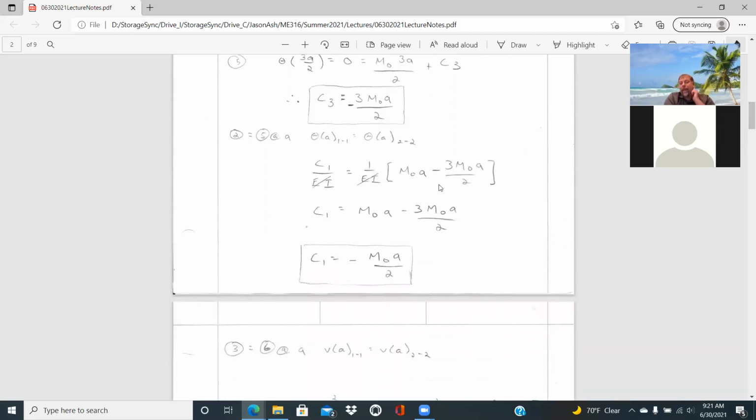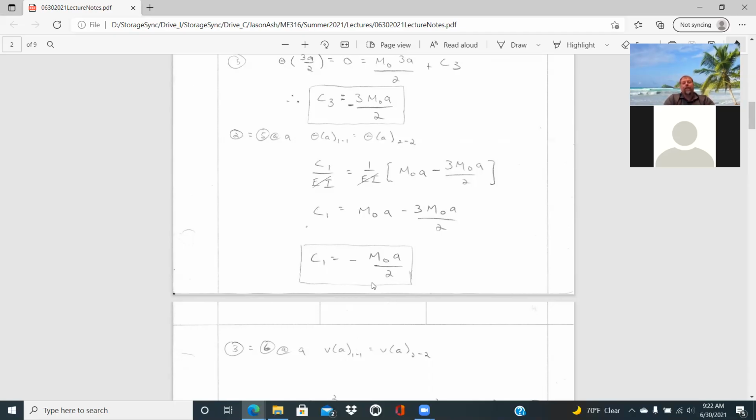And we can just simplify to solve for C1. That'd be M0 a minus 3 M0 a over 2. This is the same as 2 over 2, so 2 minus 3 will give us a negative half. And so we have minus M0 a over 2 for our C1 term.